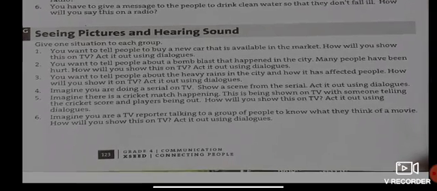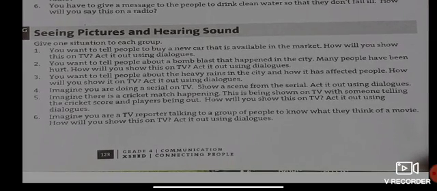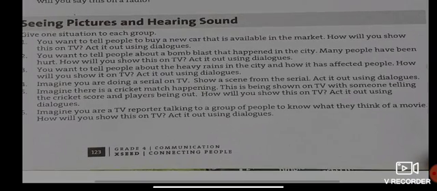As I read for you, please listen carefully. Point number one: you want to tell people to buy a new car that is available in the market. How will you show this on TV, act it, or using dialogue? Point number two: you want to tell people about a bomb blast that happened in the city. Many people have been hurt or injured.